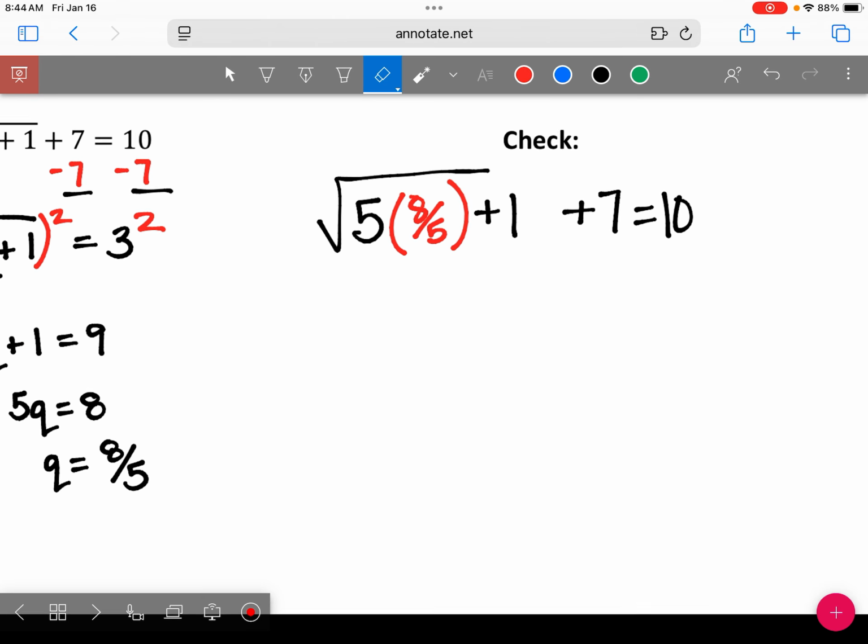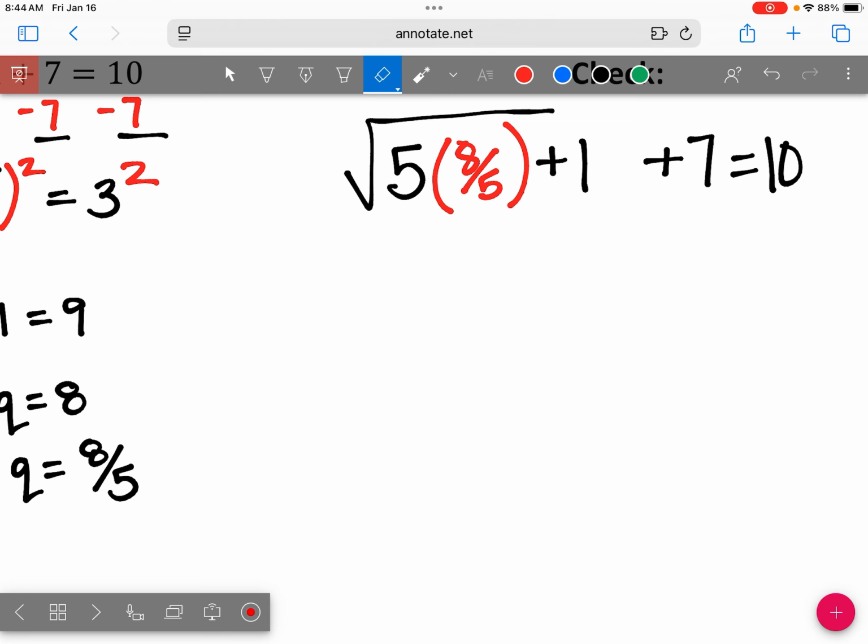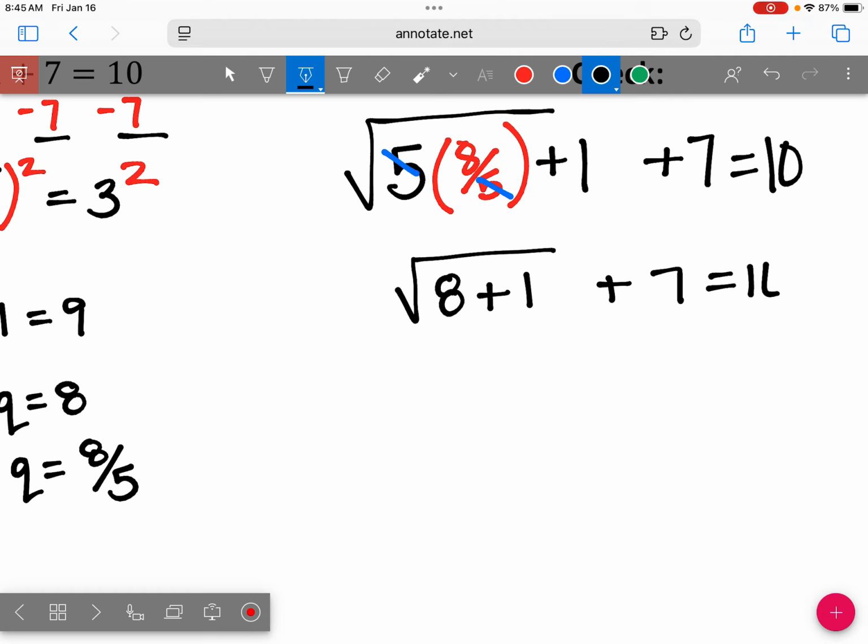Whenever you multiply a number by a fraction, you see how I have a 5 being multiplied by a fraction that also has a 5? What that does is just cancel out the 5. So what you're left with is the square root of 8 plus 1, plus 7 equals 10.